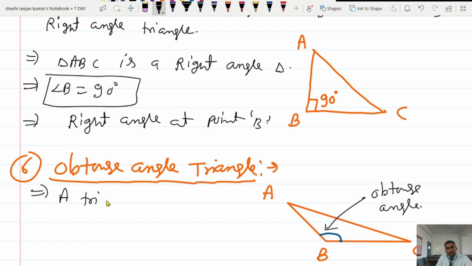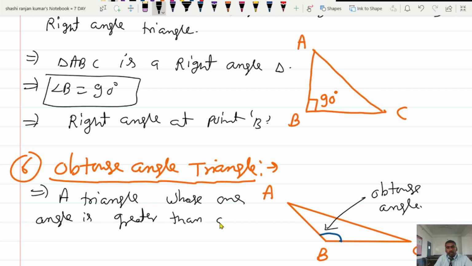So what we can write here? A triangle whose one angle is greater than 90 degrees is known as an obtuse angle triangle.